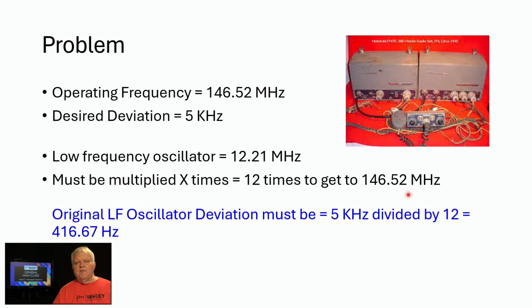Well, if it's going to be multiplied as well, then we can take 5 kilohertz and divide it by 12, and we get 416.67 hertz. That's the amount of deviation on that really low frequency 12 megahertz oscillator. That's the amount of deviation we need, so that once it's multiplied up, it'll become 5 kilohertz deviation, which is the standard for communications. So I just want you to consider this concept.